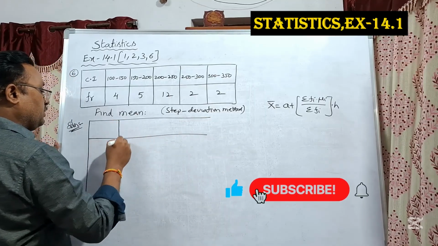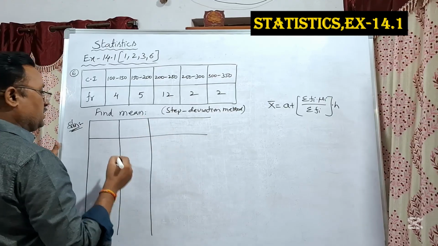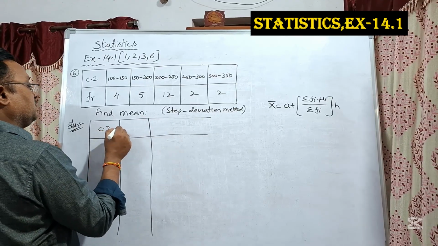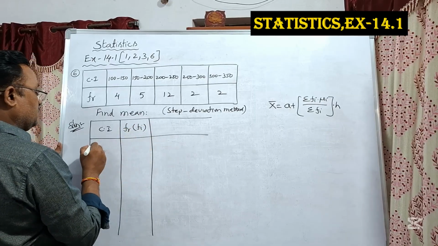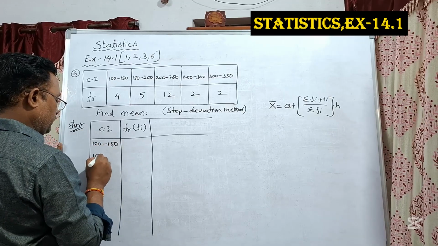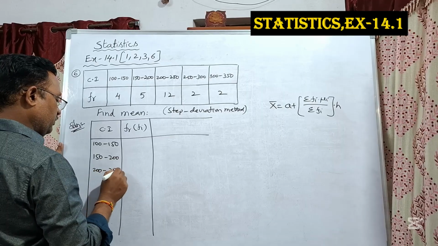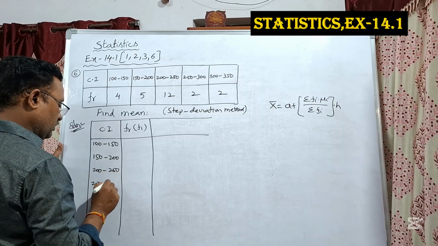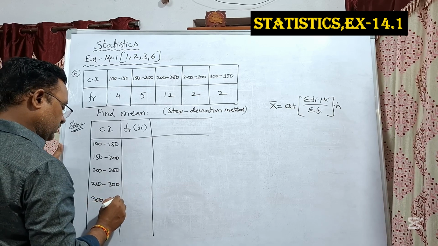The given two rows will become the first two columns as usual. Those are class intervals and frequency fi. That is 100 to 150, 150 to 200, 200 to 250, 250 to 300, 300 to 350.